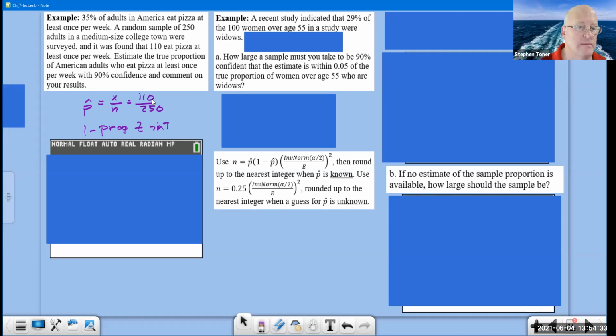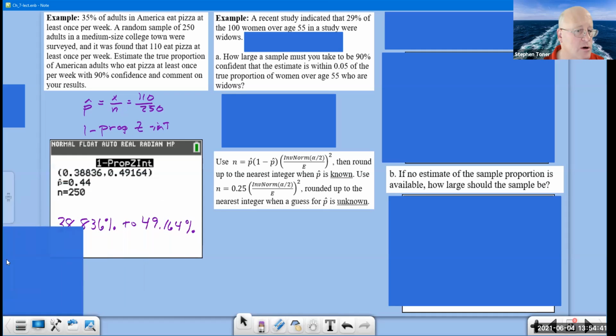Our point estimate is going to be 110 out of 250. There's my X and my N, and based upon that, I would then be able to go in here and say, okay, here's my X, here's my N, here's my confidence level of 0.9 that I want.